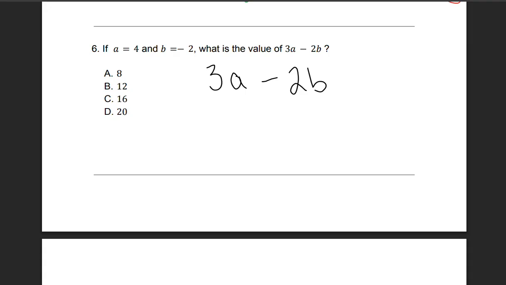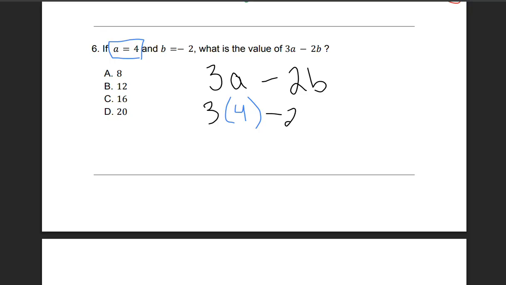And I'm going to replace one at a time. Let's start off with the A. A is 4. So in my expression, wherever I see the letter A, I'm going to rewrite and put the number 4. I'm going to keep that 3. Didn't change it. I'm only changing that A.